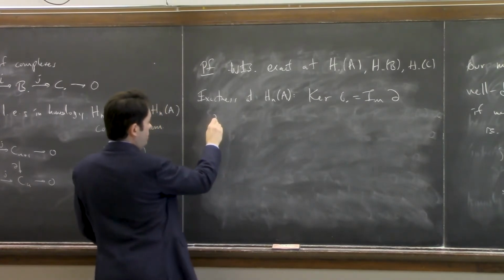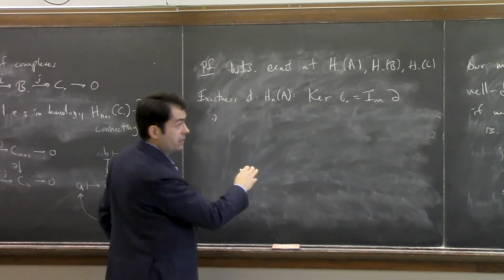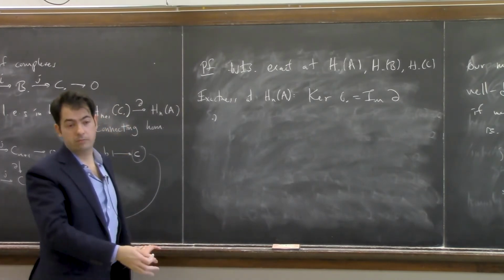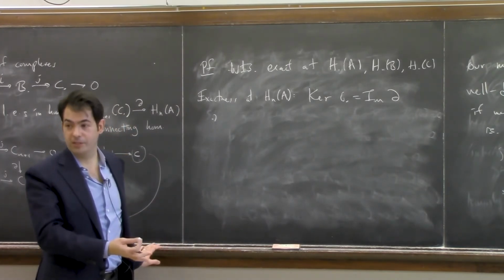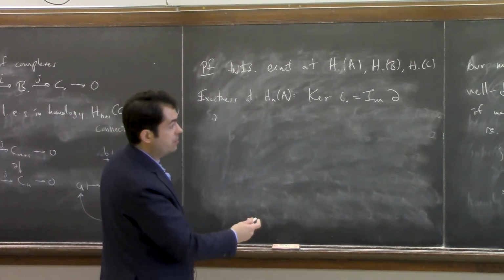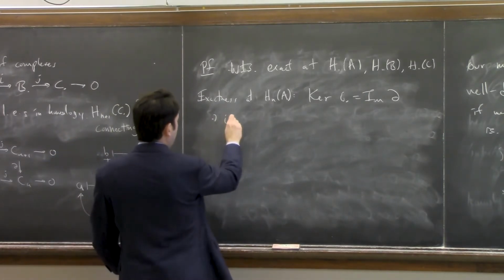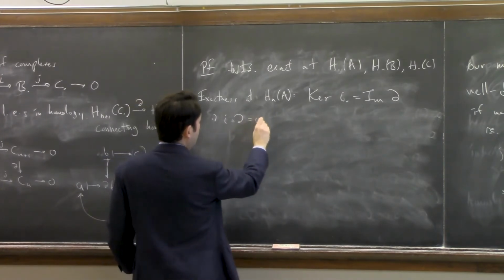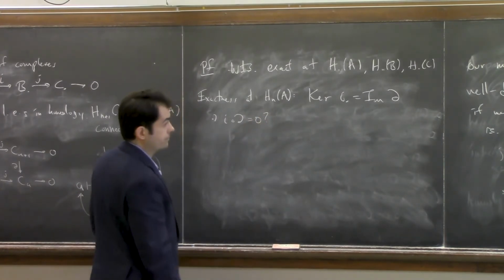It's always easier to check that you have a complex, and then slightly more difficult to check that you have no homology, right? So to see that we have a complex, we want to check that I composed with the boundary is equal to 0, right?